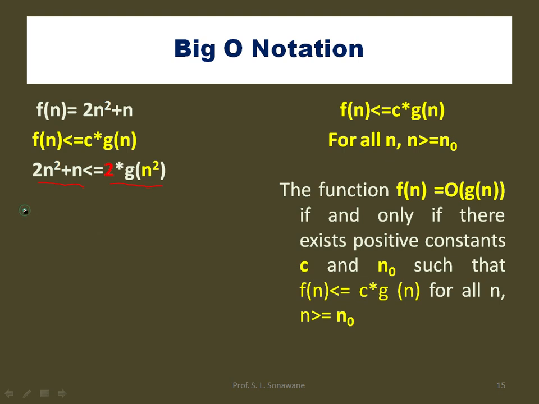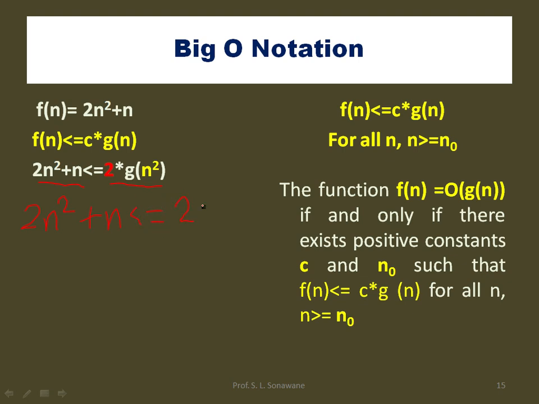So here we write 2n square plus n less than or equal to 2n square.